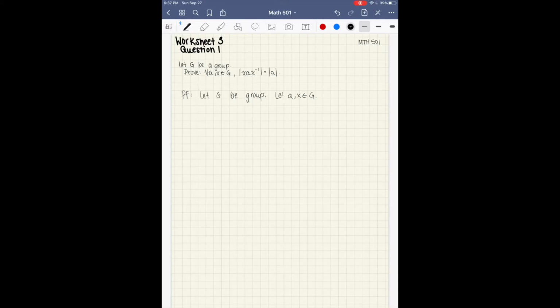So we have to consider any n, and let it be a natural number.